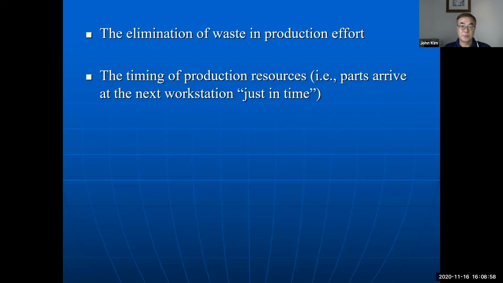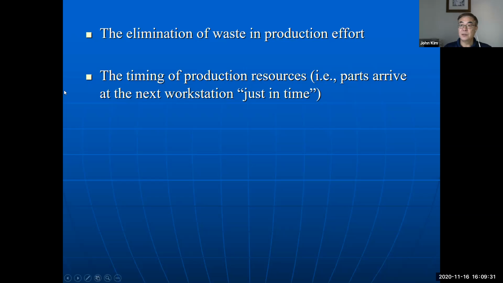Something unnecessary or excessive, or kind of waiting time, break time, unnecessary space, unnecessary process, and so on. So in JIT system, try to eliminate or get rid of unnecessary things.